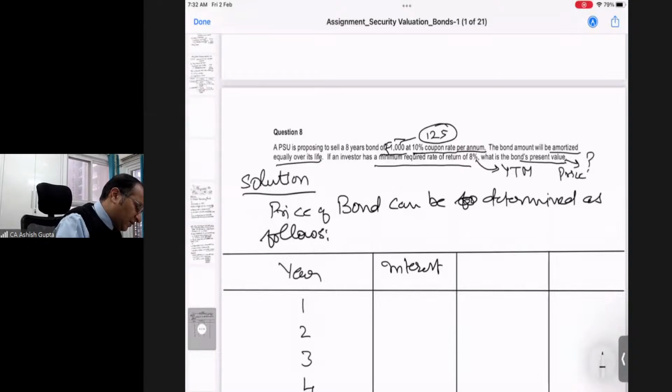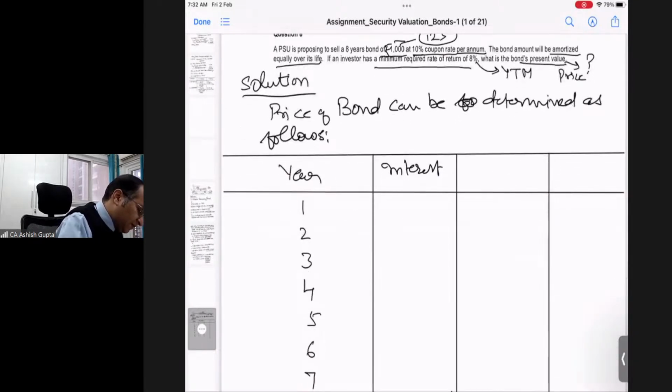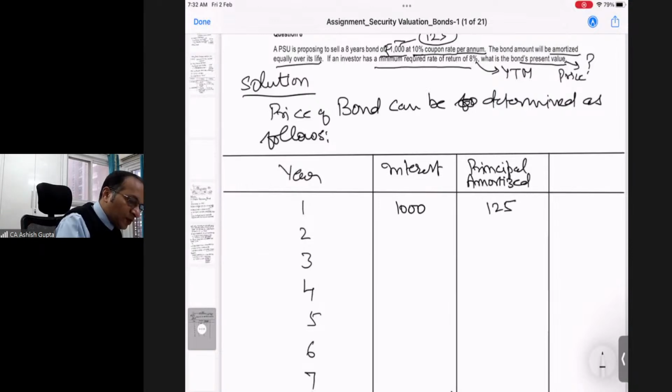So in the first year, on the initial amount of 1,000, we calculate the interest. Principal amortized 1/5. Okay, so the cash flow will be on.